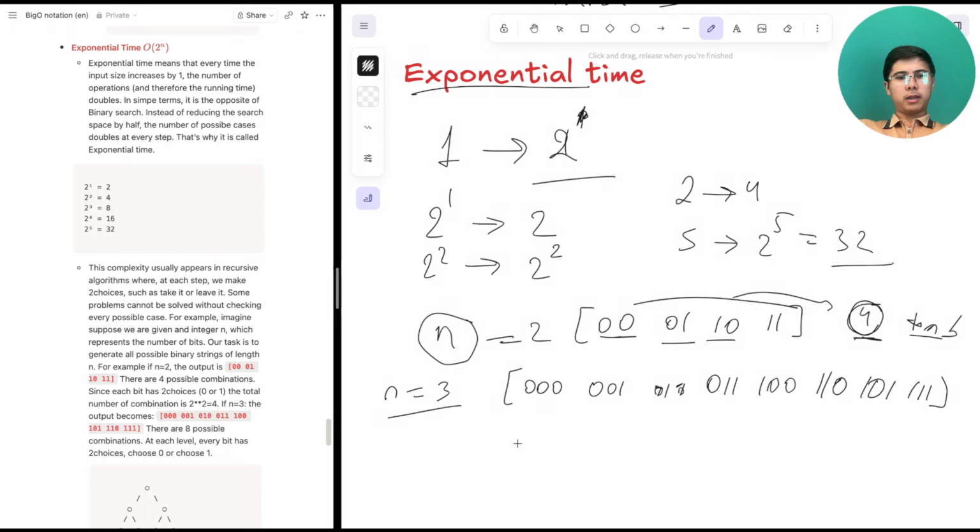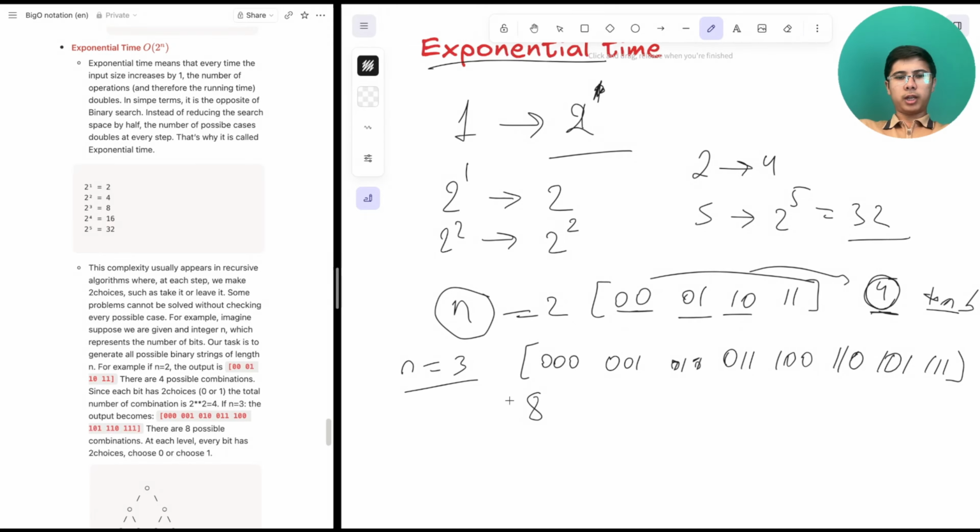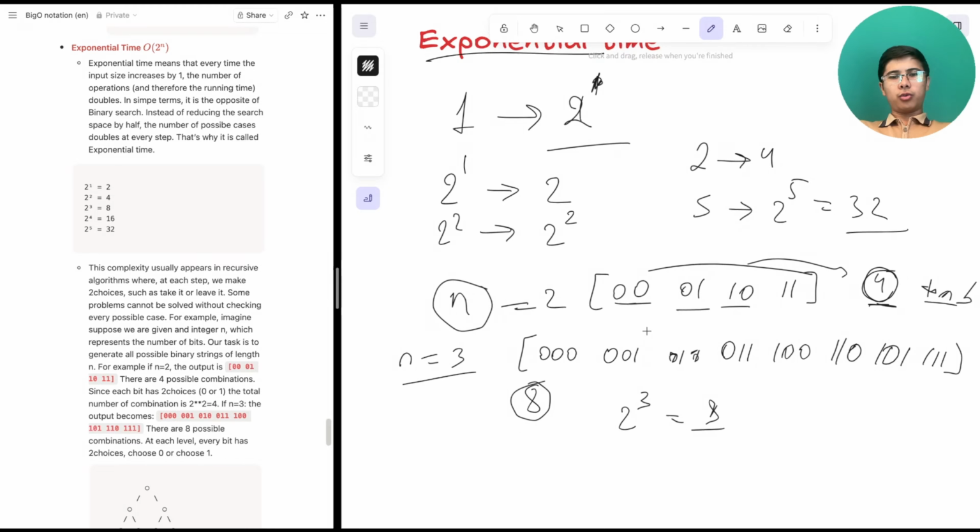If we calculate them, we have these 8 possible combinations, because 2 to the power of 3 also becomes 8. At each level, every bit has 2 choices, choose 0 or choose 1.